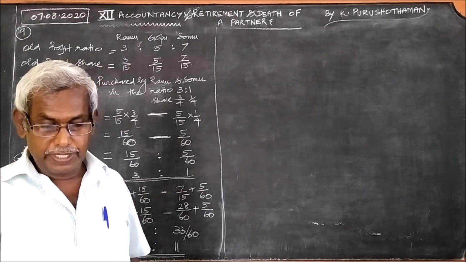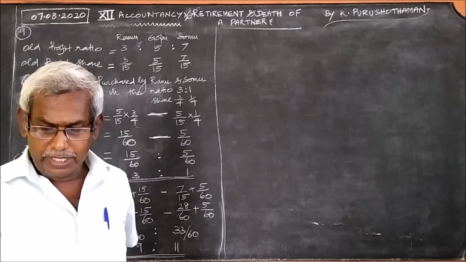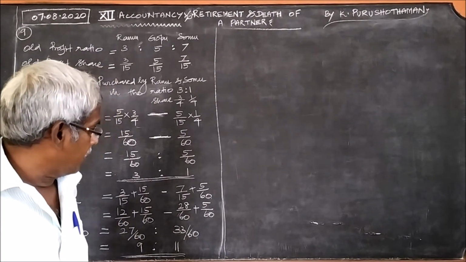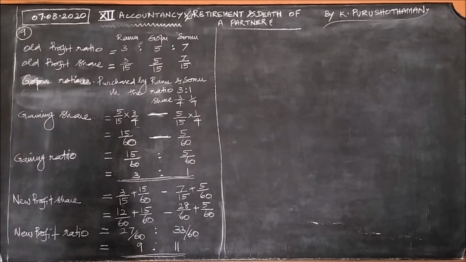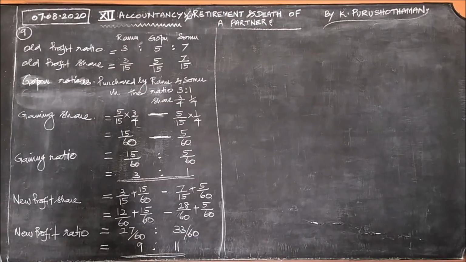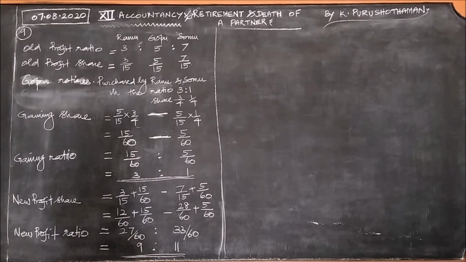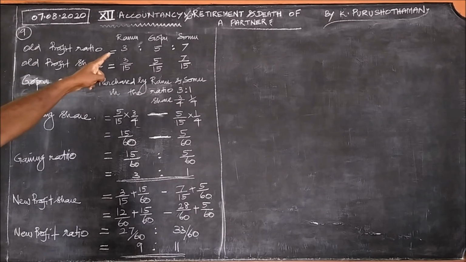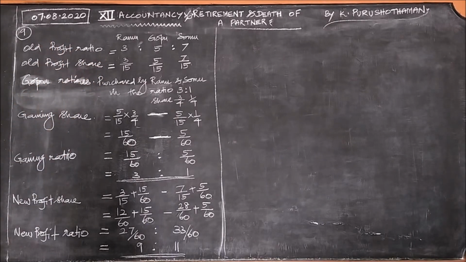In the book it is given 11:9. The ratios are changed. And we shall check now once again what is given. Ramu, Somu and Gobu are partners sharing profits in the ratio 3:5:7. Old profit share, therefore 3 plus 5, 8, 8 plus 7, 15: 3 by 15, 5 by 15, 7 by 15.